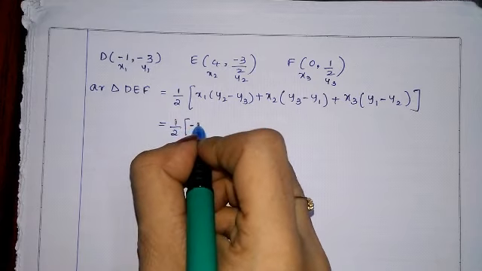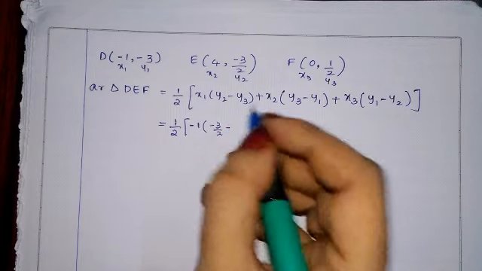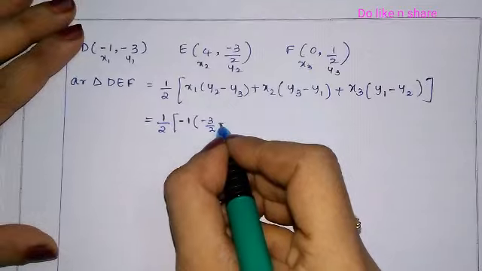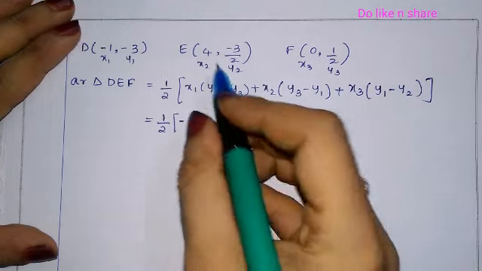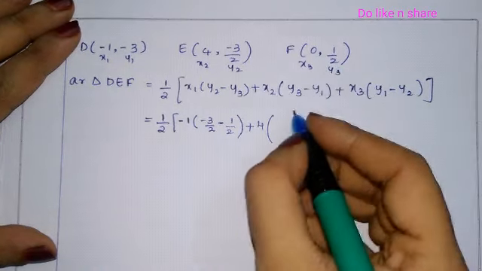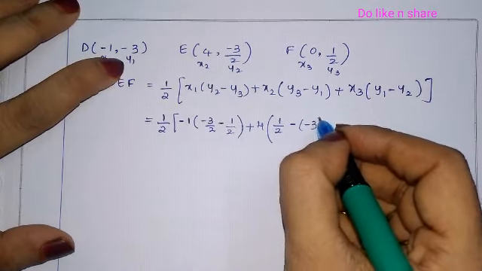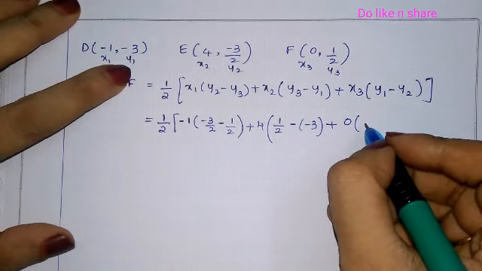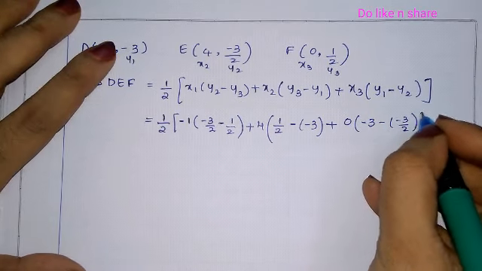Half as it is. x1 value is minus 1, y2 value is minus 3 by 2, minus sign as it is, y3 value is 1 by 2, plus x2 value is 4, y3 value is 1 by 2 minus y1 value is minus 3, plus x3 is 0, y1 is minus 3 minus y2 is minus 3 by 2.